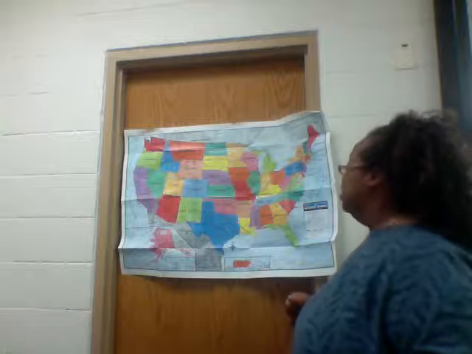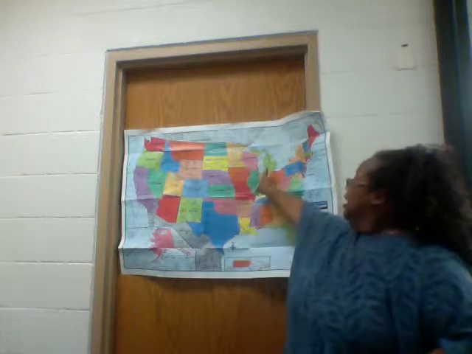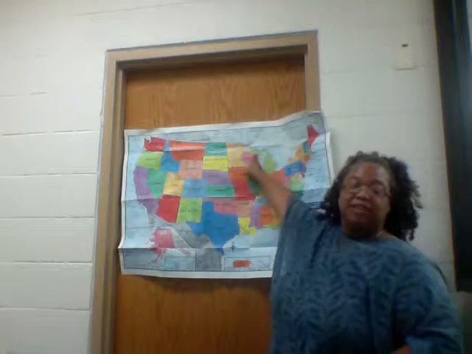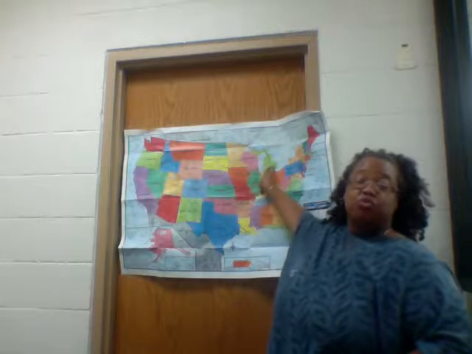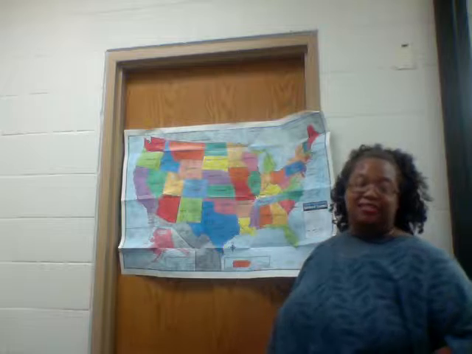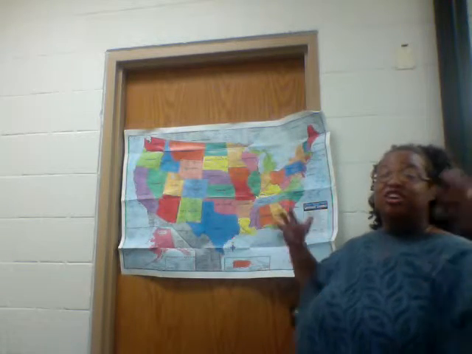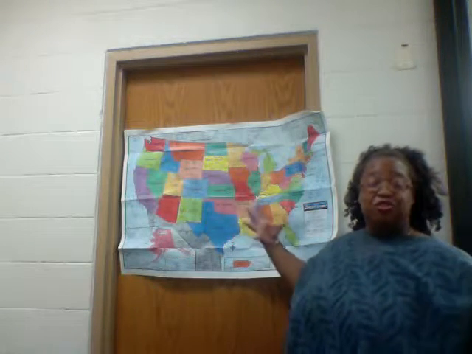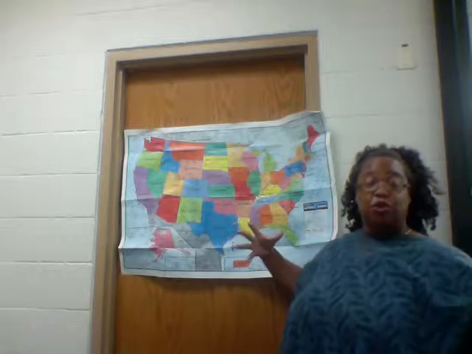Illinois. Very good. Illinois is right by the Great Lakes. These are called the Great Lakes. They are lakes that look like the ocean. They are so wide and so large. They are beautiful, really, really beautiful.